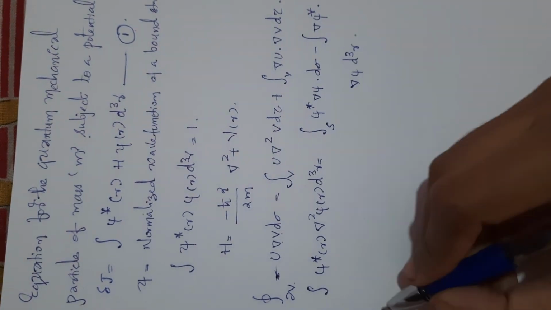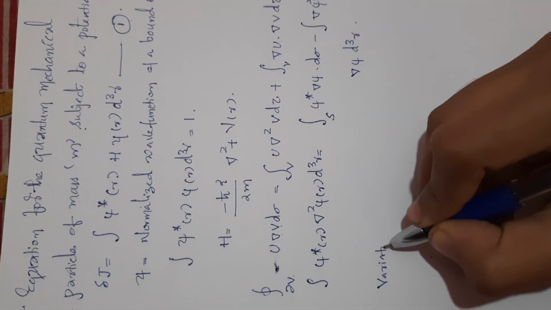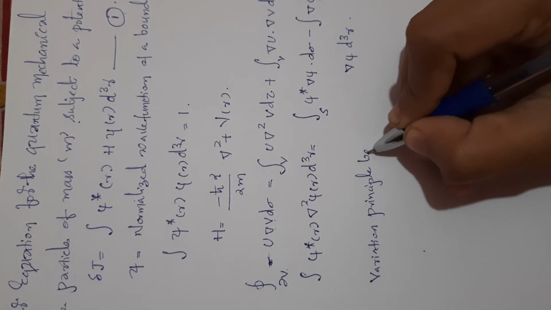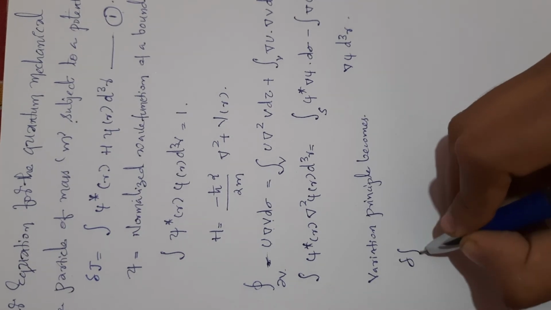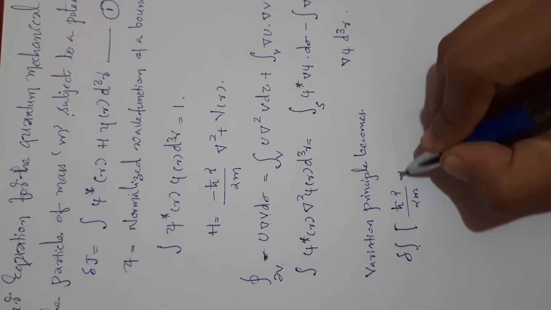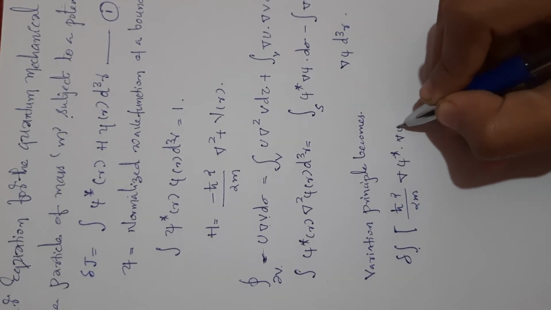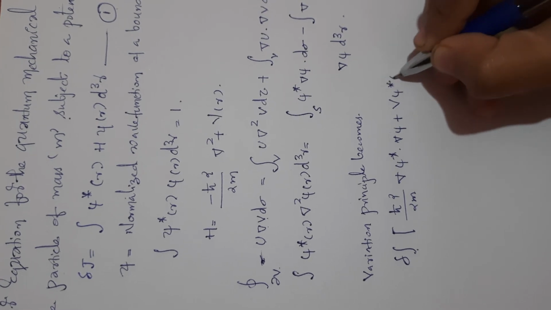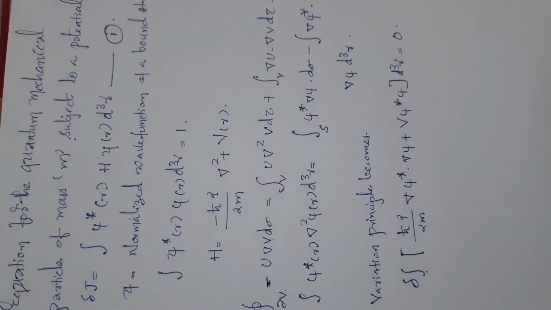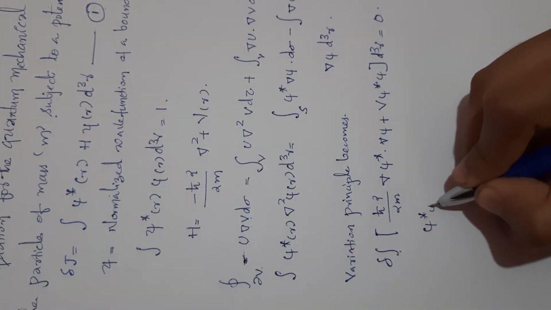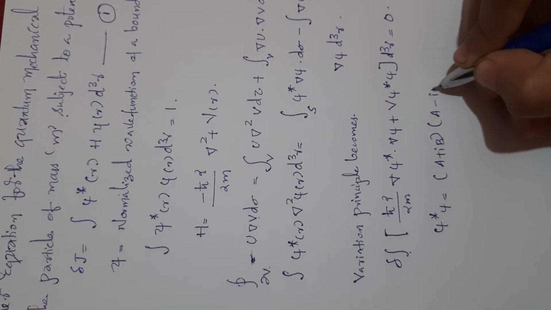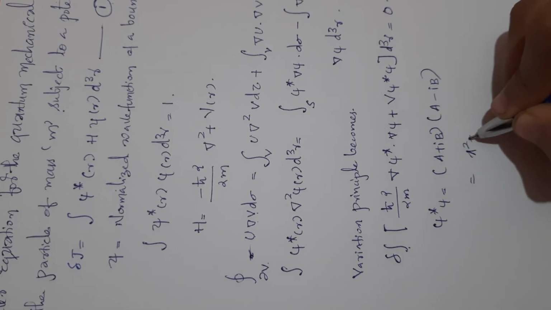Then as per the variation principle, it becomes integral of h cross square by 2m del ψ star dot del ψ plus V ψ star ψ d cube r is equal to 0. Here we know that ψ star ψ is equal to (a plus ib)(a minus ib), which is equal to a square plus b square.